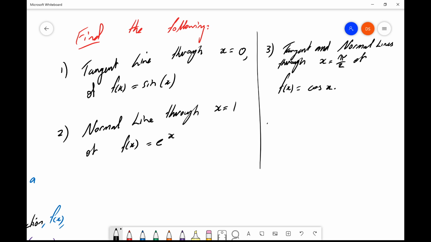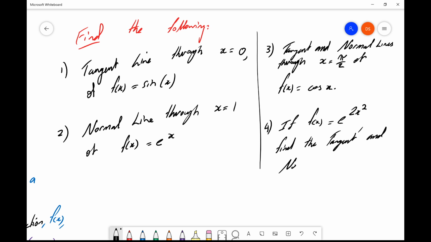Right? And question 4 is if f of x is equal to e to the 2x squared, find the tangent and normal line through x equals 1.